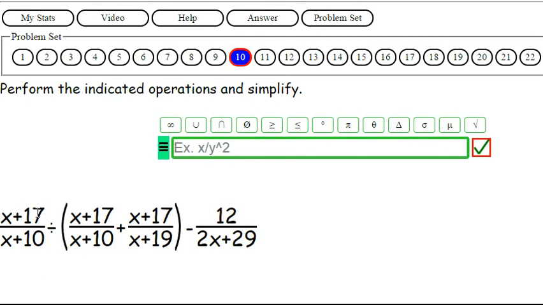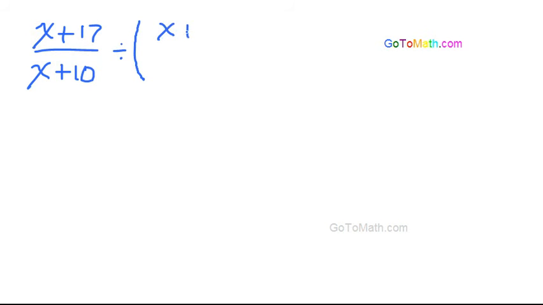Alright, let me just check, make sure. I got x plus 17 over x plus 10, x plus 17, x plus 10, x plus 19, 12, 2x. Alright, just making sure I got everything going on there. At this point in the game, you should be able to work this problem out if you've been working all the previous problems, and the last section and this section here.